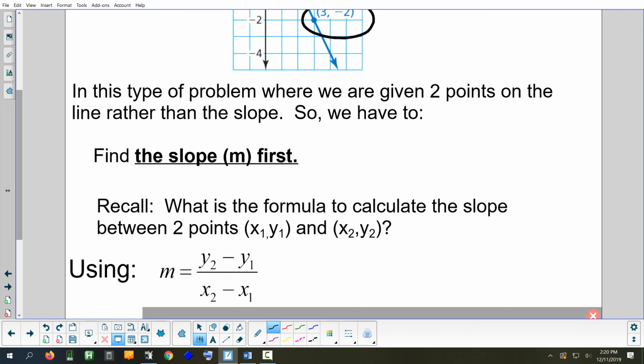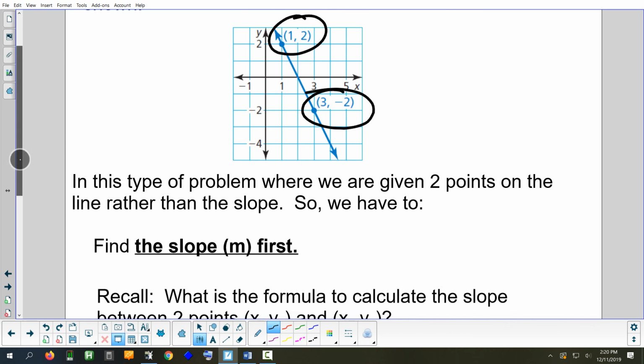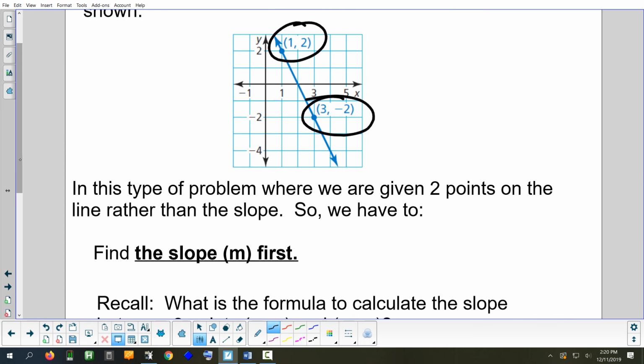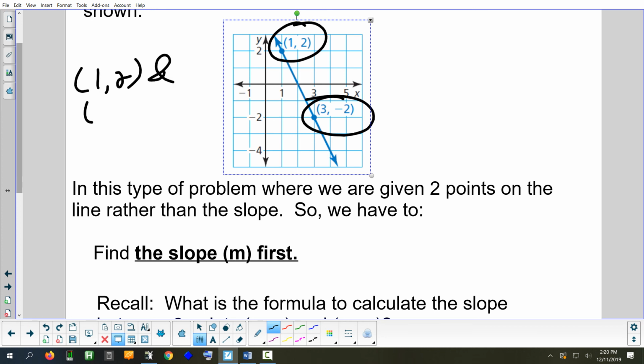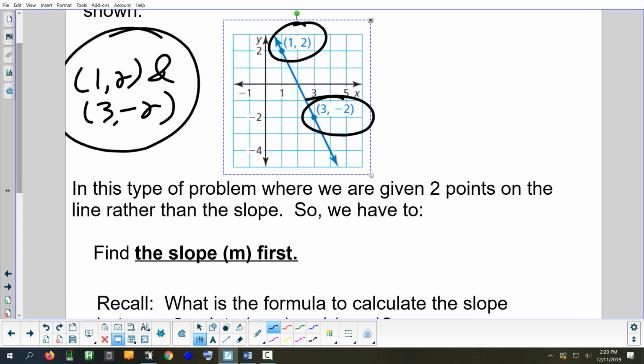So that's your formula to find the slope. Now, technically, we have a picture. We could just count. 1, 2, 3, 4, 5. But you might not always have the picture. They might just give you these two coordinates, just like this, and that might be all they tell you on the piece of paper. Here's the two coordinates: 1, 2, 3, negative 2. Find the equation of the line.